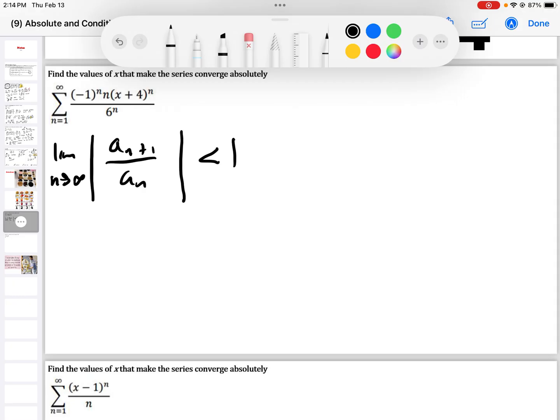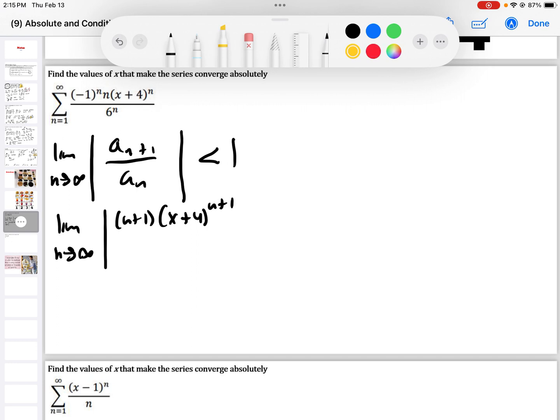So I want to force this thing to converge. I'm looking at absolute value, so I take away the alternating part, and I just look at the n plus 1 times x plus 4 to the n plus 1, over 6 to the n plus 1. That's the a sub n plus 1 term.